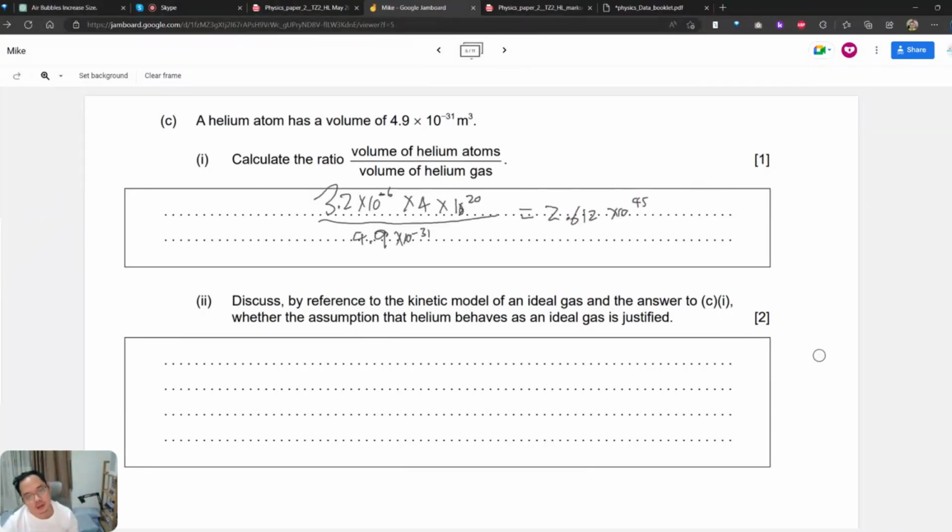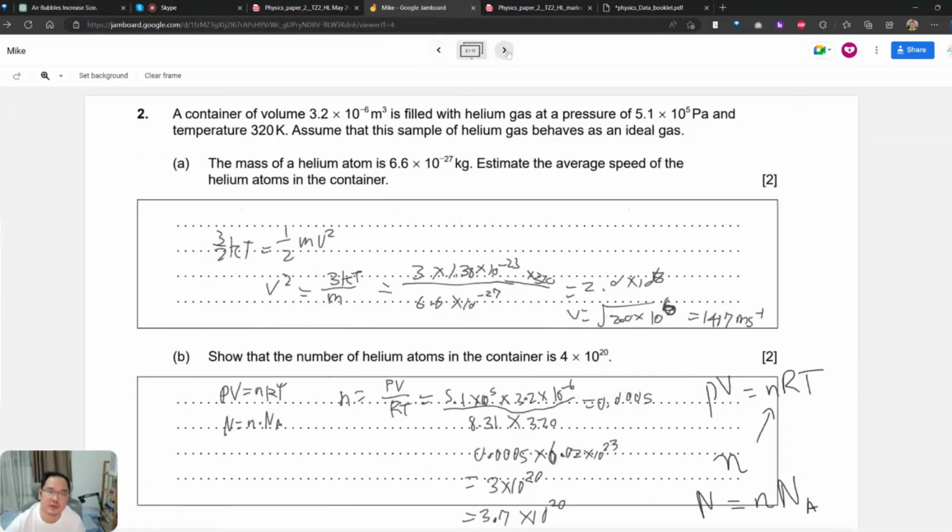Wait, you need to multiply the number of atoms, 3.7, not exactly 4, change this to 3.7, and multiply this number of atoms with the volume of one atom, which is this one, not this value. And then the bottom is the volume of the whole gas, the volume occupied by the gas, which is 3.2 times 10 to the 6.